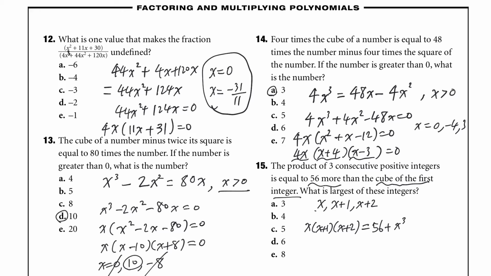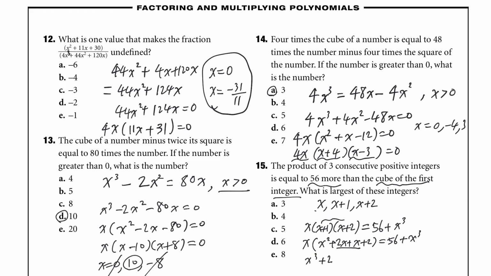I'm going to expand the brackets, and then I'm going to move everything to one side. I like to work with these brackets first. x squared plus 2x plus x plus 2 is equal to 56 plus x cubed. Now let's expand. Actually, here it's 3x.